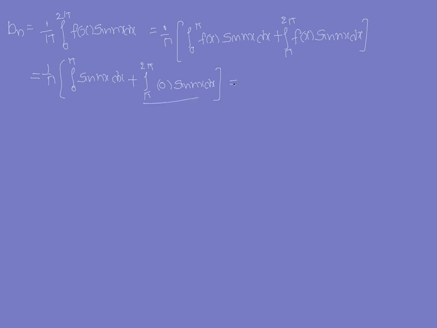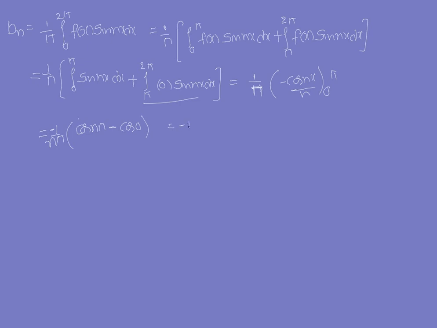So that is nothing but (1/π) times, integration of sin nx is minus cos nx by n between the limits 0 to π. So that is equal to (1/π) times minus (1/n) times (cos nπ minus cos 0).